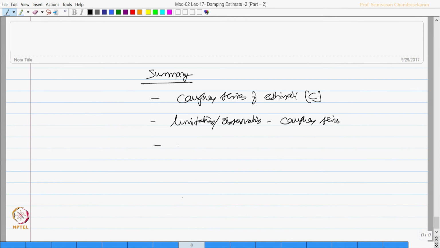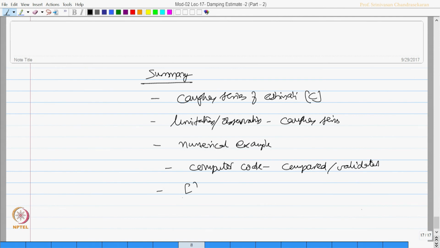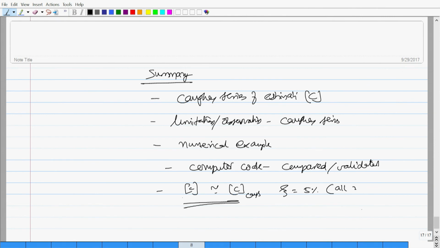We have done a numerical example. We also gave the computer coding to solve the problem and we compared the answers and validated. We have also seen the damping matrix obtained by Rayleigh and the damping matrix obtained by Caughey are more or less similar for zeta equals 5% in all 3 modes.